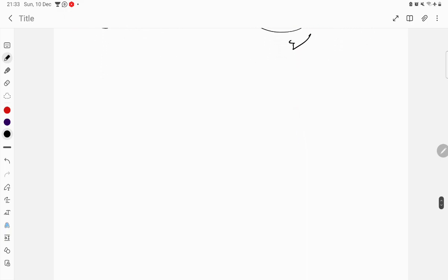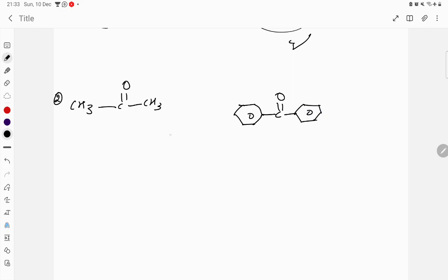Next, suppose we have CH3 C double bond O and CH3, and the question asked is how to distinguish. This is the second problem.